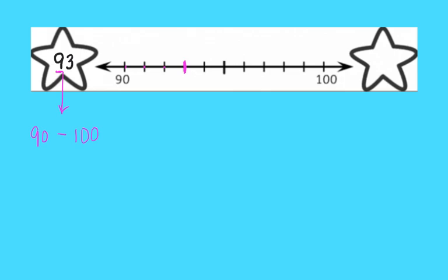I'm less than halfway, so I'm going to round down to 90. So halfway and more moves up, less than halfway at the 4 moves down.